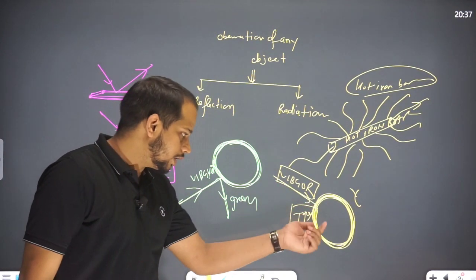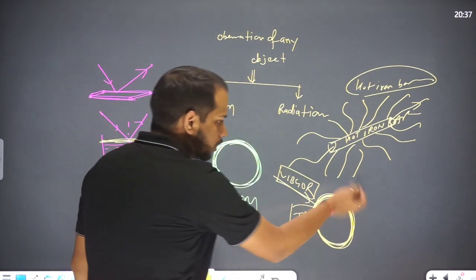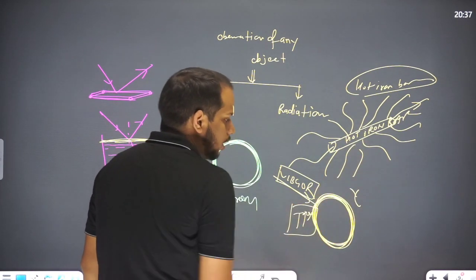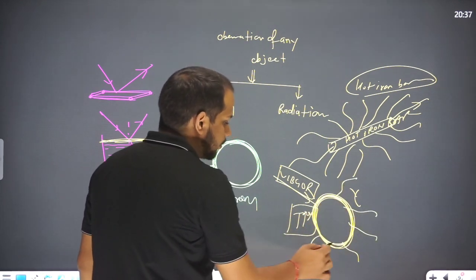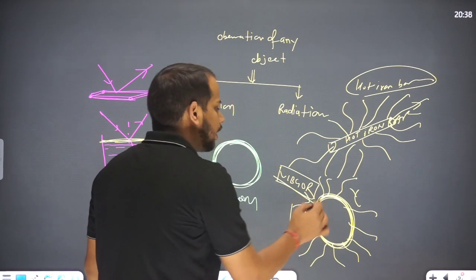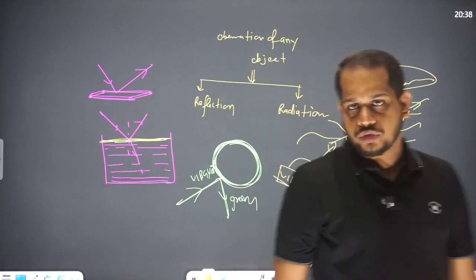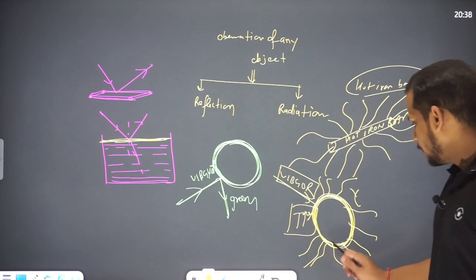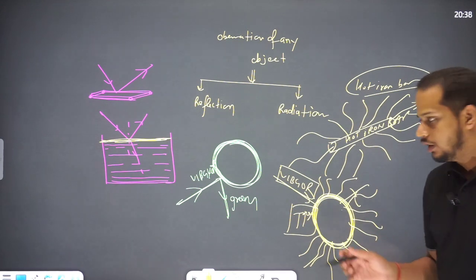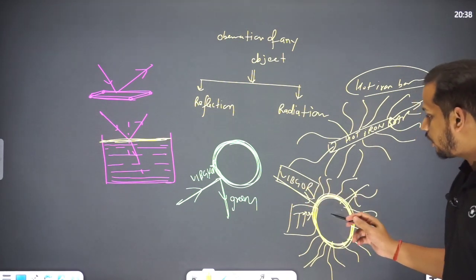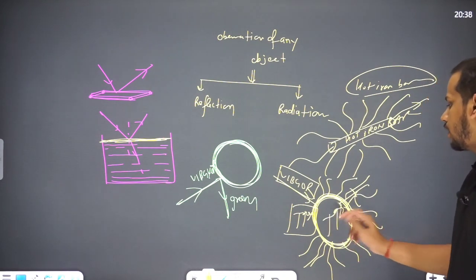And if it is placed in surroundings where the temperature is low, it is also radiating some light, but not in the range of visible light. That's why it is not visible to us, but it is radiating. If the incident energy is more than the radiating energy, then surely the temperature of this one increases, right?